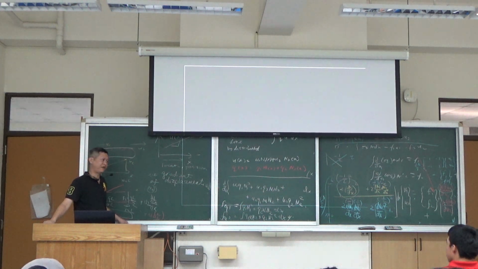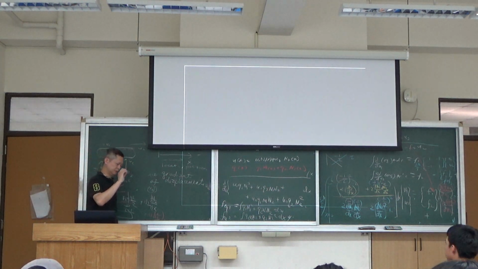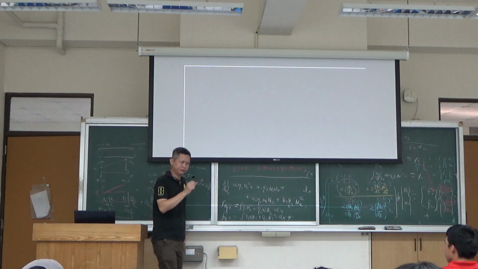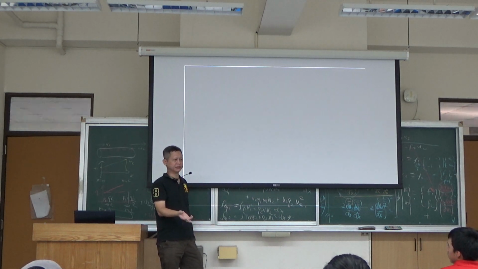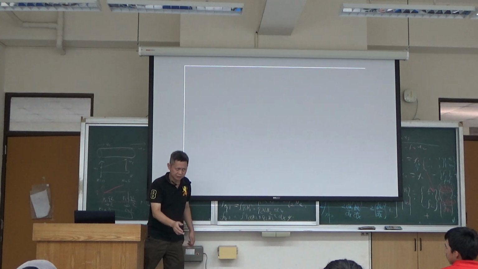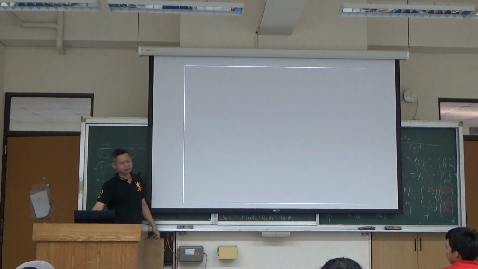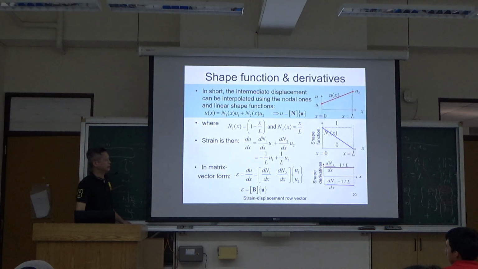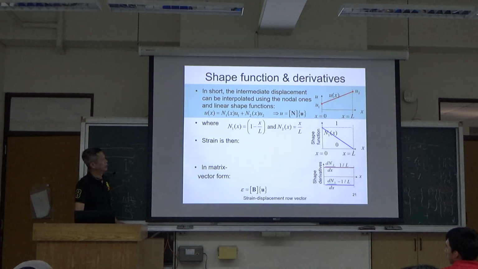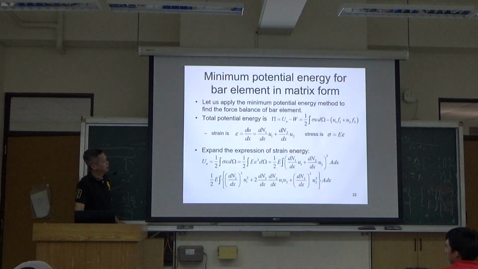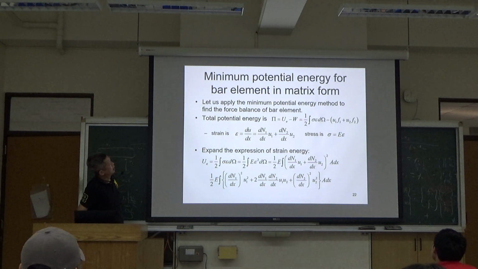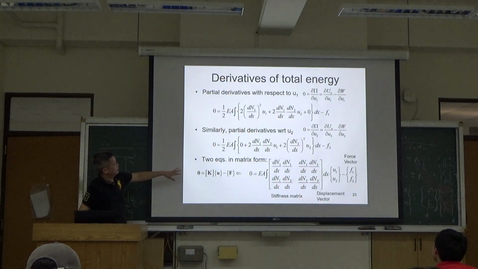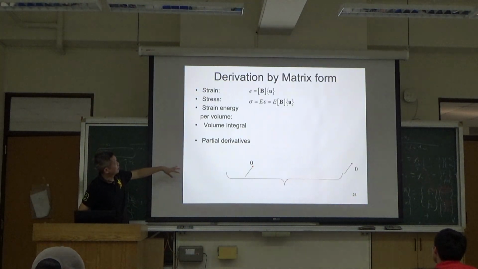So for your ease of understanding, please understand the operation with scalar. Matrix is just a compact expression. If you understand the scalar, then you are there. So this is how we did the calculations.